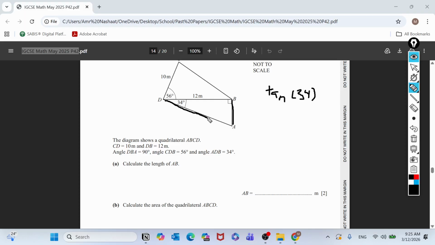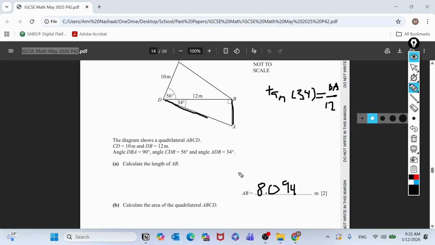This is the hypotenuse. This is opposite, this is adjacent. So BA over 12. Tan 34 is BA over 12. You get AB equal to 8.094.